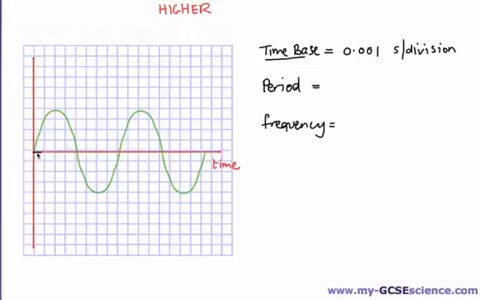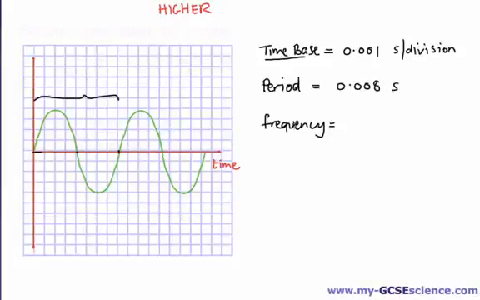So if we measure on our graph here, we've got 1, 2, 3, 4. So for the first point at which it crosses the graph is 0.04, but that's not what we want. We want one complete cycle, and that goes from here to here, that point there. So that would be 1, 2, 3, 4, 5, 6, 7, 8 squares, or 8 divisions, and remember each division is 0.01, so the period would be 0.008 seconds.